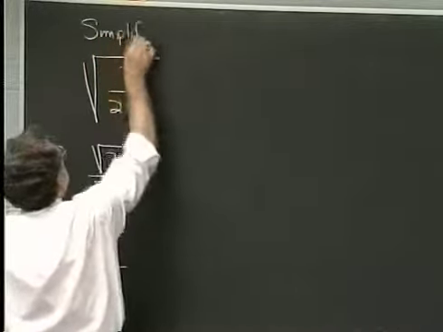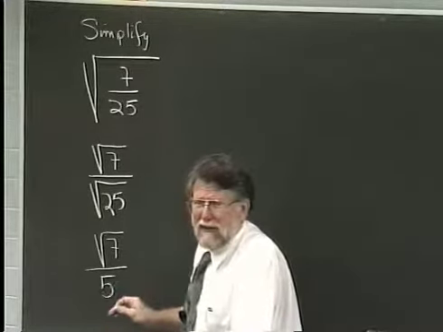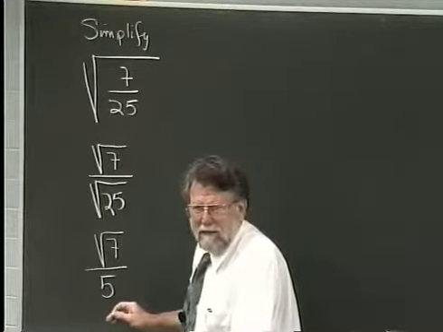Now, there's another little parenthetical comment here. We have rationalized the denominator. Technically, the square root of 25 was a rational number.